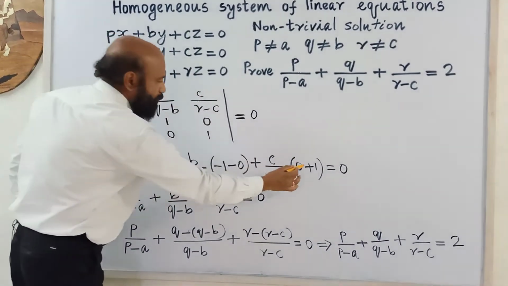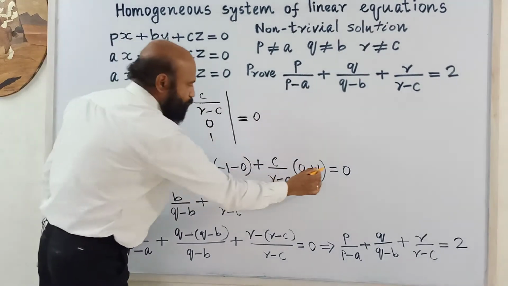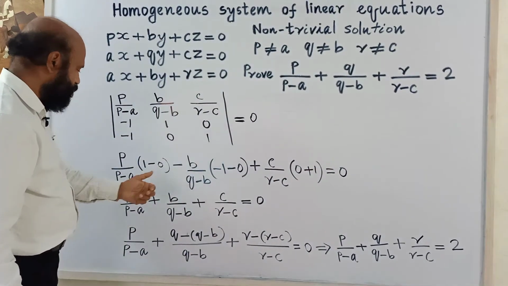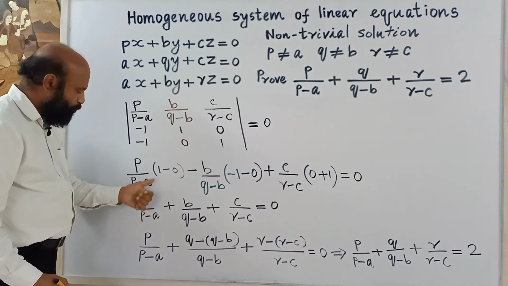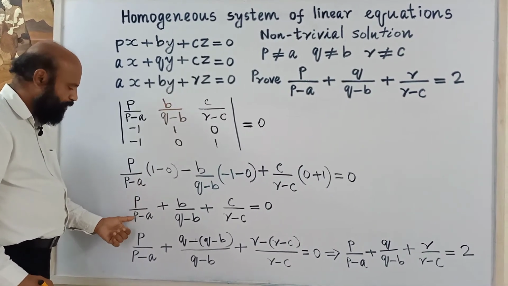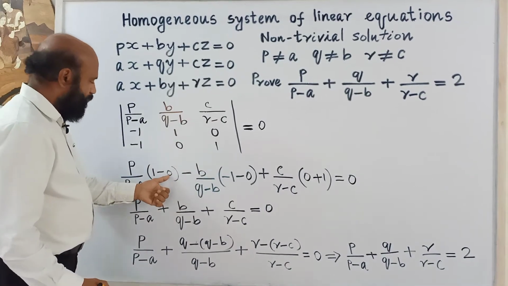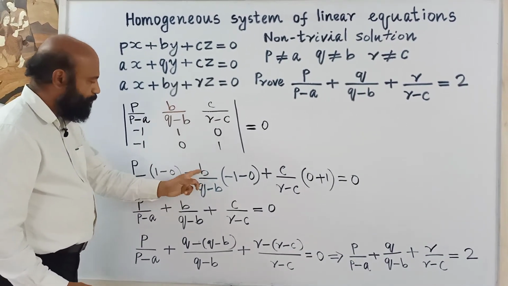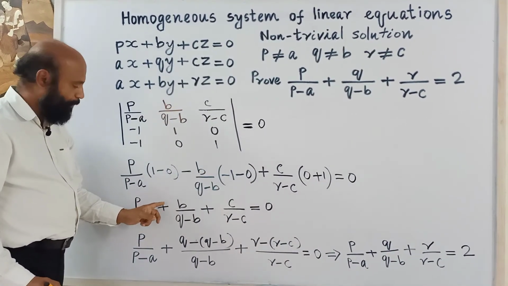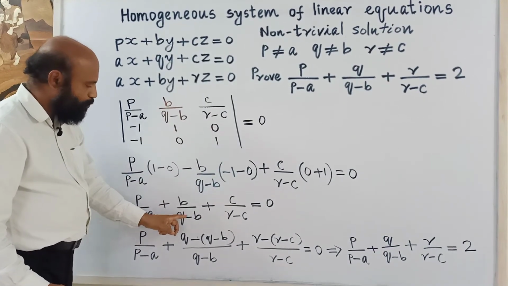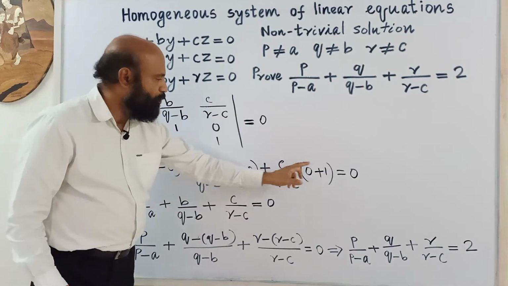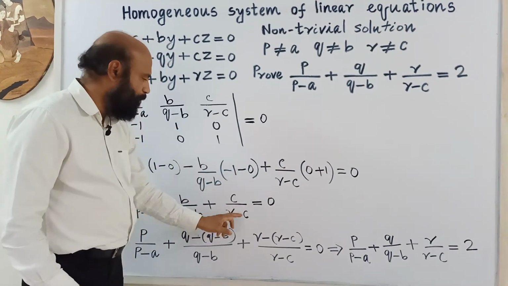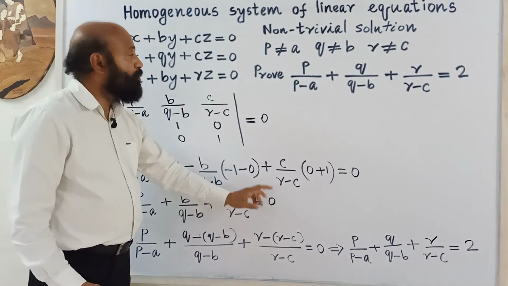So 0 minus minus 1, so plus 1, so is equal to 0. Now P divided by P minus A into 1. So it is P divided by P minus A. And next here it is 0. Then minus into minus plus B divided by Q minus B. Next to this term, 1 into C, C divided by R minus C is equal to 0.